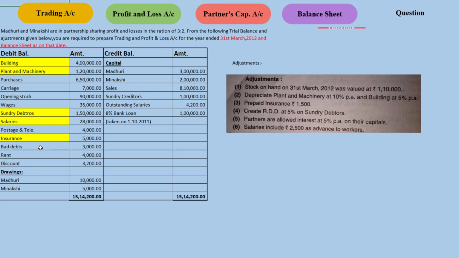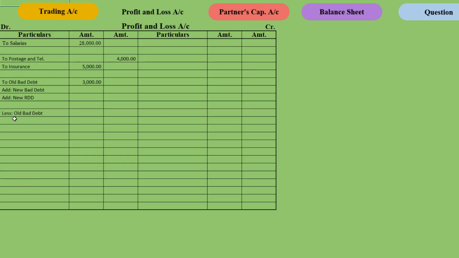Go to the trial balance sheet. Next item it is rent 4000. It will be recorded in profit loss account. Here you write, start with 2 because we are recording in debit side. Rent, no adjustment, so it will be recorded in outer column.